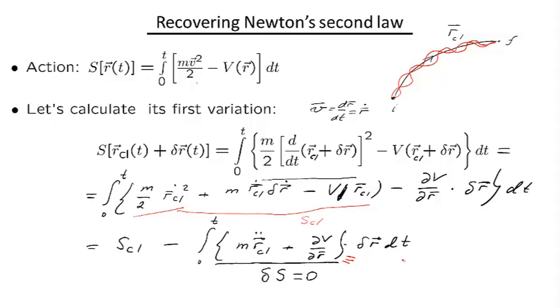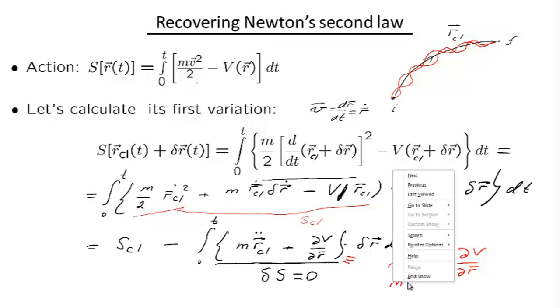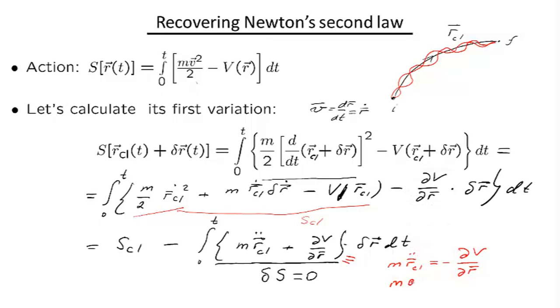If we write it out, we get m r double dot equal to minus dv over dr. The second derivative of the coordinate is known as the acceleration, so the left-hand side is simply m times a, and the right-hand side is the gradient of the potential energy, which is the force acting on the particle.